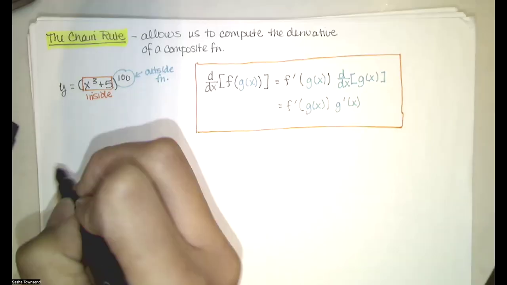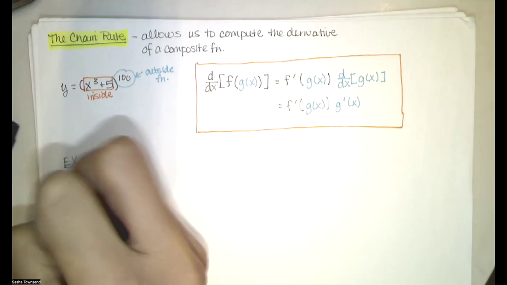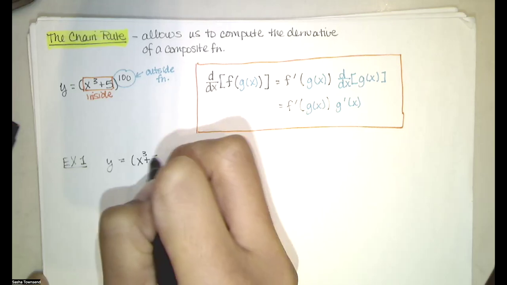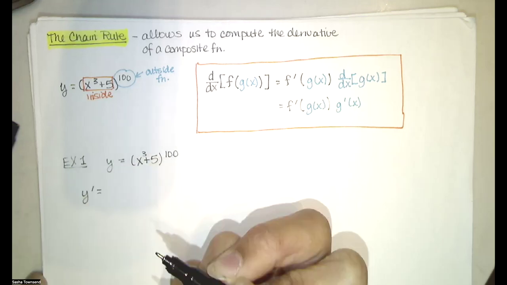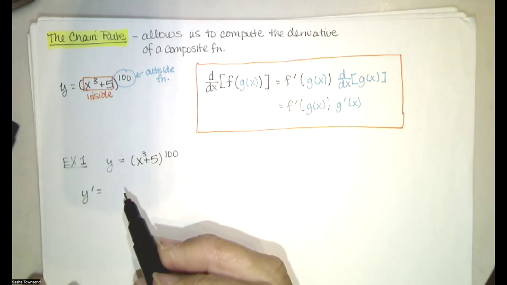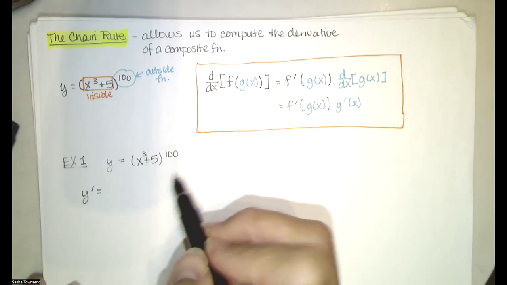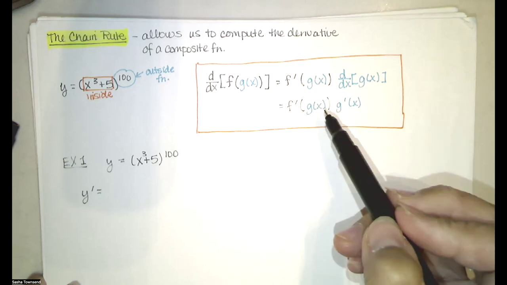Well, you need to know your basic rules. According to the power rule, I've got this function on the outside first. According to this chain rule, take the derivative of the function on the outside first.